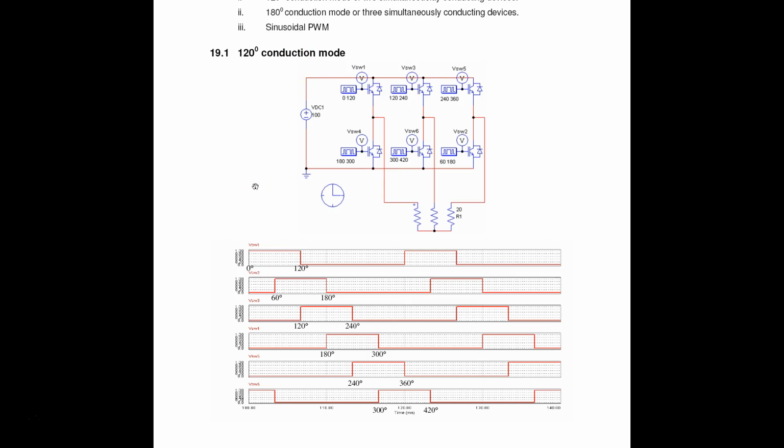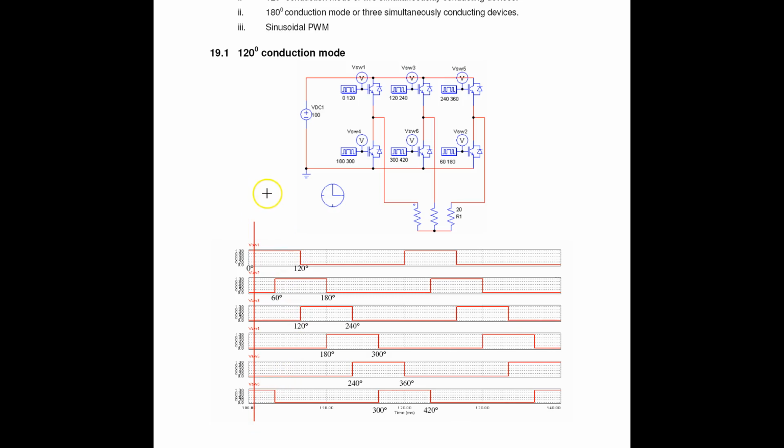Okay, so to understand what happens to the circuit with these signals, let's look at the first point, where we look at the instant at this particular point, for example.